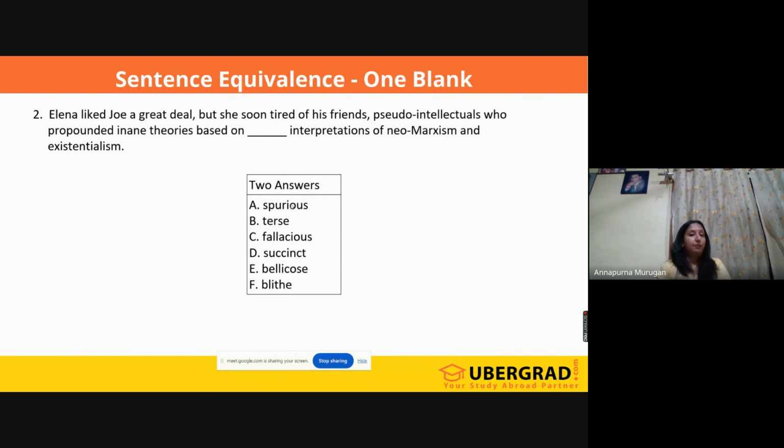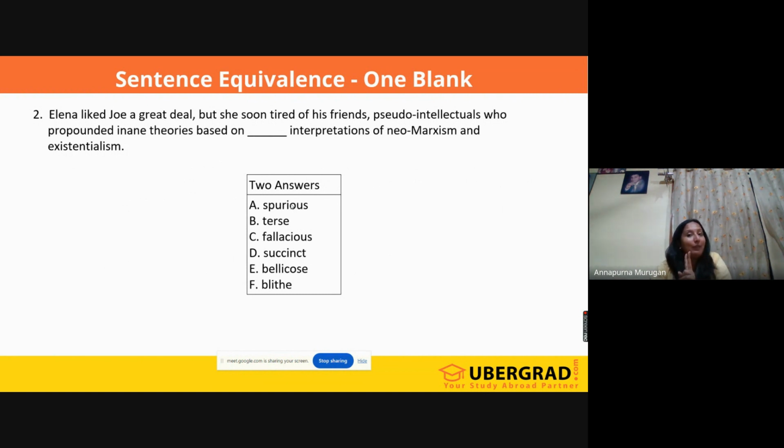Next question. Now, for the next question also, let us try to understand. Let us try to guess the shadow word here. Okay. So, Elena liked Joe a great deal. See, both the comma and the but are there here.